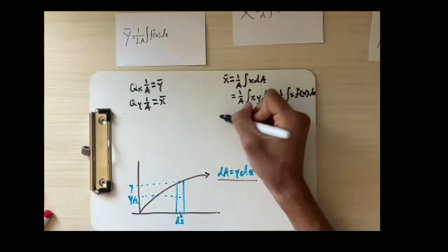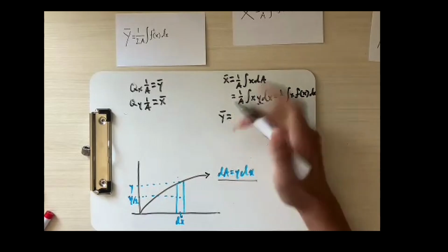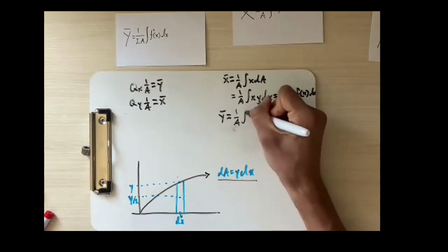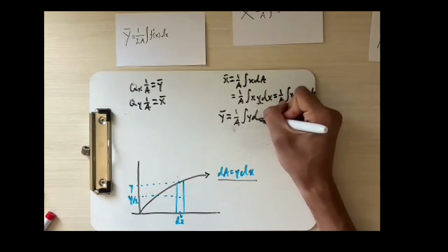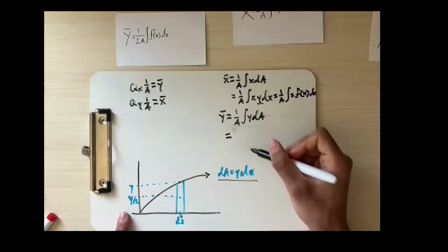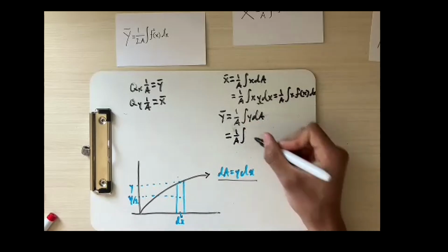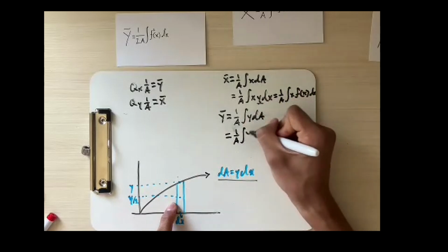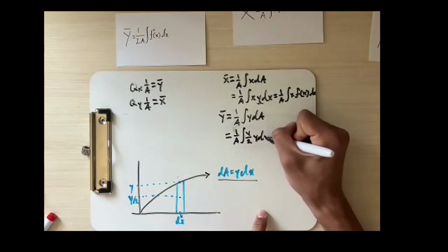So let's do it in y bar then. Y bar equals 1 over A integral y dA. And now, in this simplified form, we have 1 over A integral. And remember, our new y here is y over 2 times y dx.